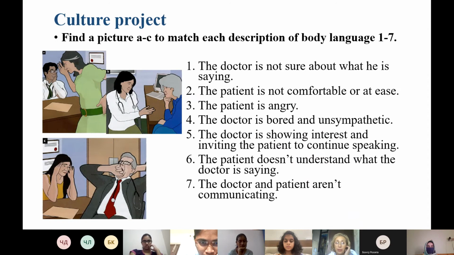Let us look at this slide, and we can see three pictures to the left and several sentences to the right, and the task is to find a picture to match each description of body language.